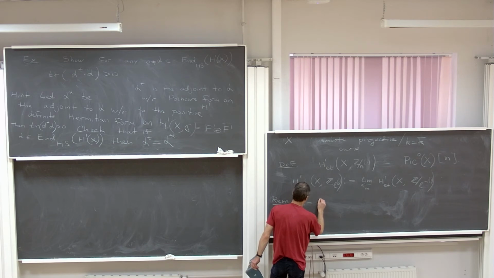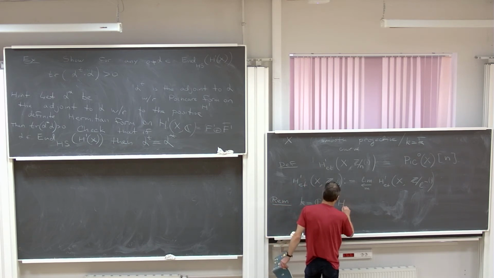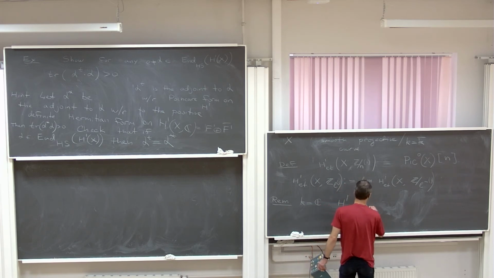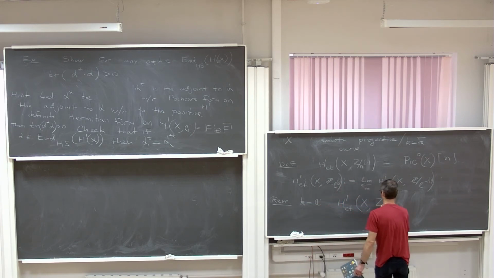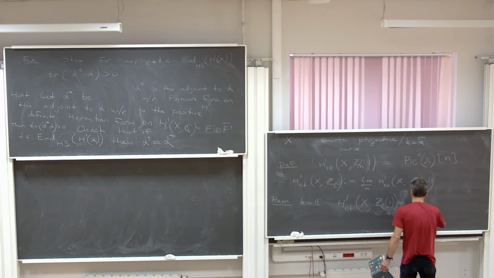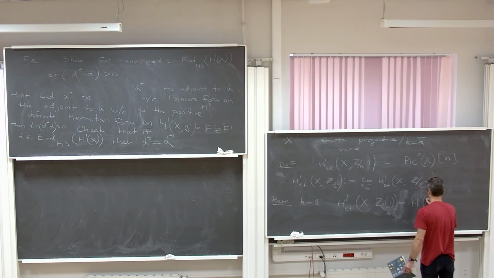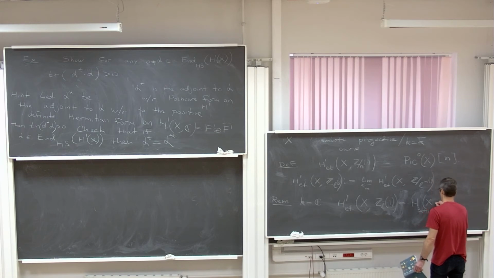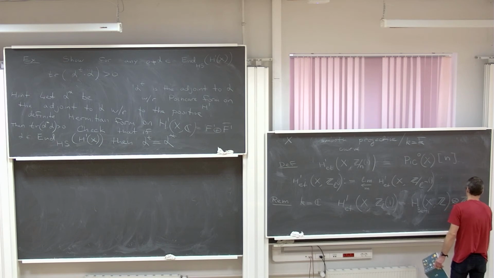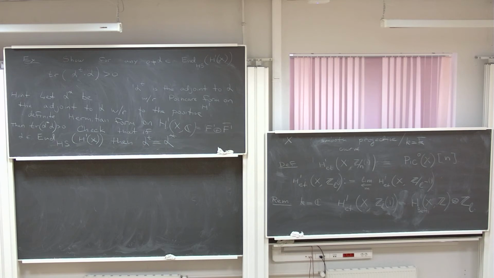If K is C, then the étale homology of X with coefficients in Z_ℓ(1) is just the usual Betti homology with Z coefficients, tensored with Z_ℓ. That's the picture that we should keep in mind.